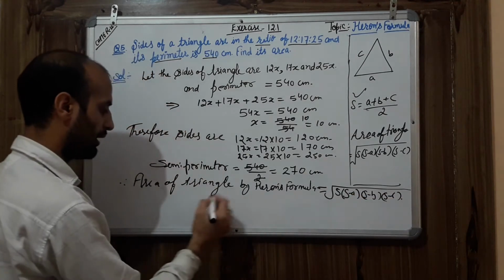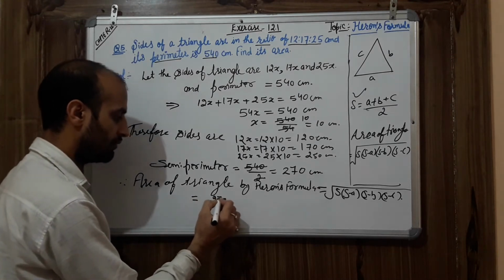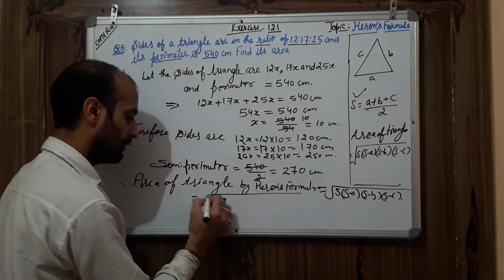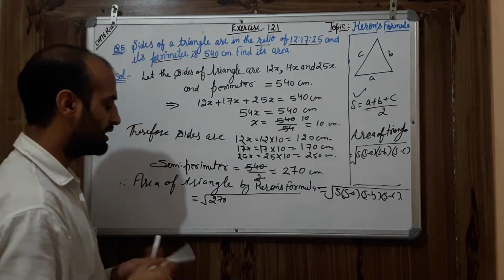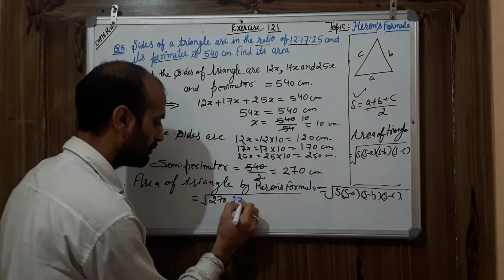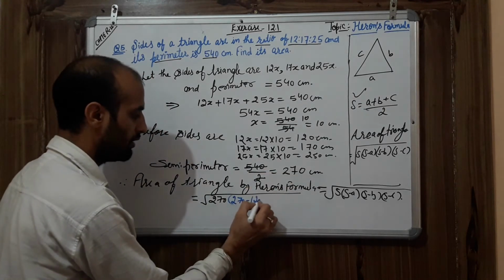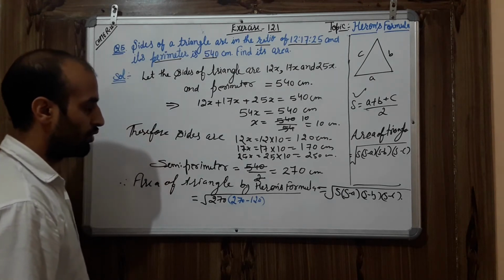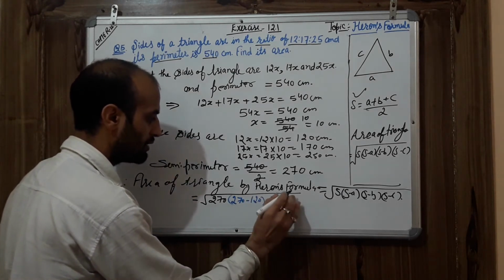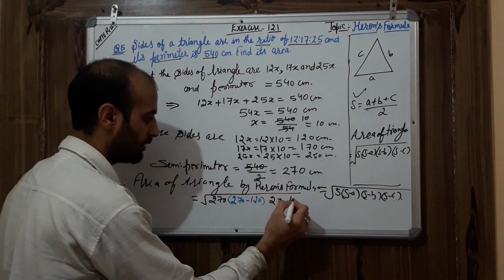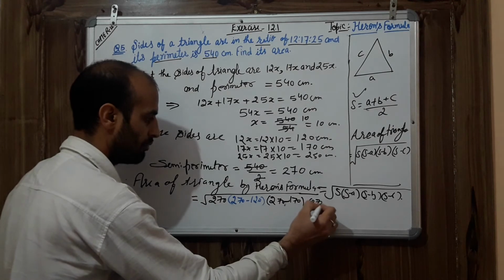Now substitute the values. So if you are substituting, it becomes 270, then next we have s minus a. s minus a means 270 minus the first value, it is 120. Next, 270 minus 170. And the last one, 270 minus 250.